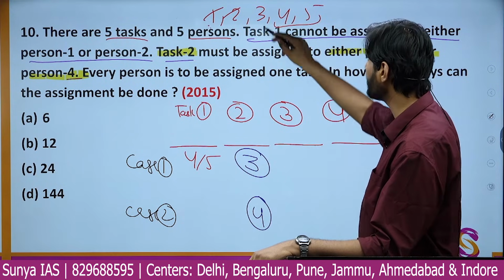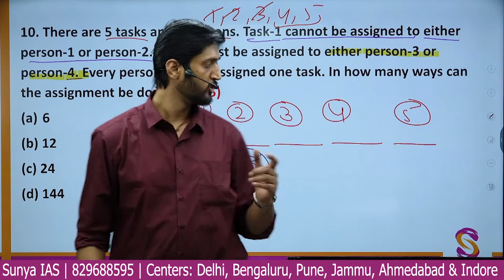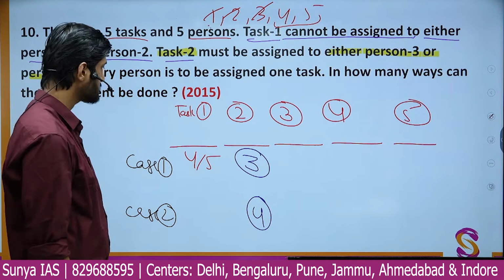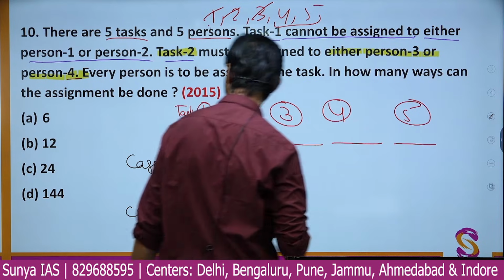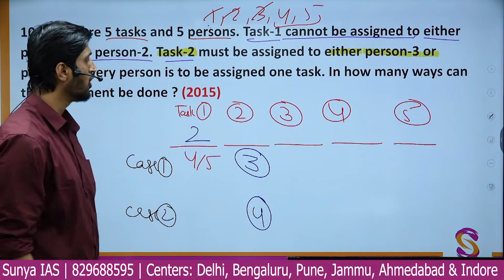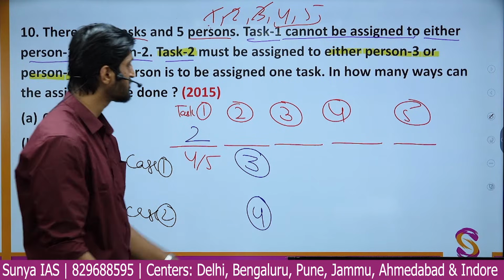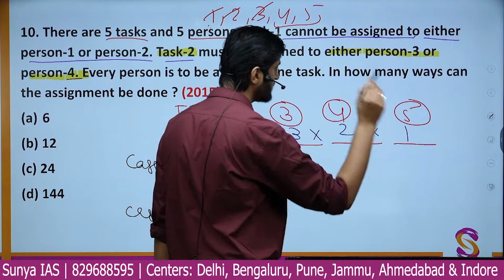And we have already assigned 3 to task 2, then how many people do we have to choose from for task 1? They are only 4 and 5, right? So here we have only 2 choices, either 4 or 5. So 1 is fixed, 1 more you have chosen. Now you have 3 persons to choose from for other tasks. So we have 3 into 2 into 1.